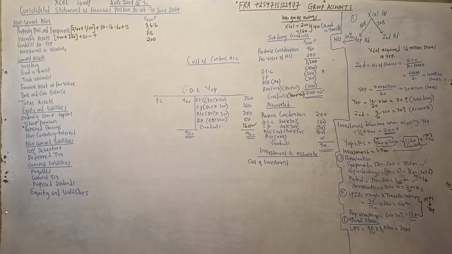How much is the cost of investment? That one is for associate, that is Z. It is 240.